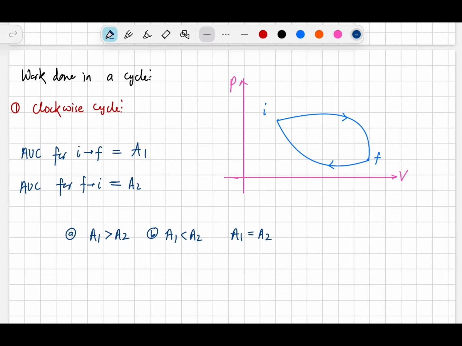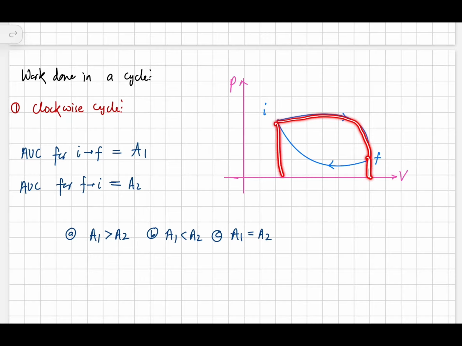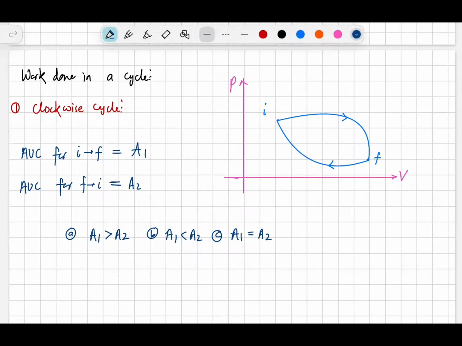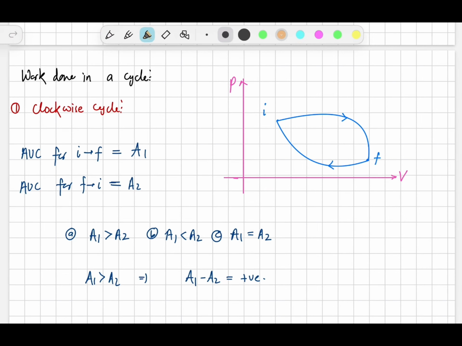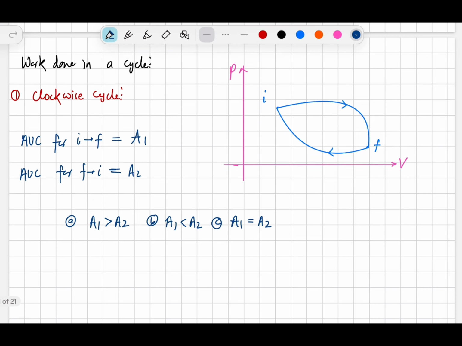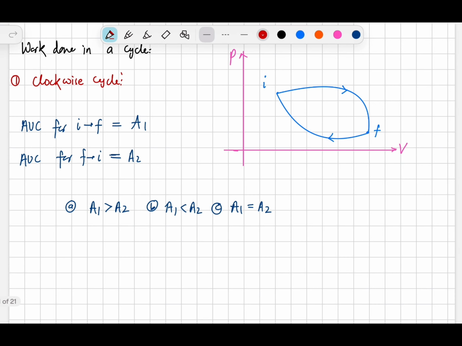Pause the video and think about it. This is the area under the curve for the initial to final process, and this is the area under the curve for the final to initial state. So the question is which area is bigger? Of course A1 is greater than A2. Fine. So clearly we know that A1 is greater than A2.